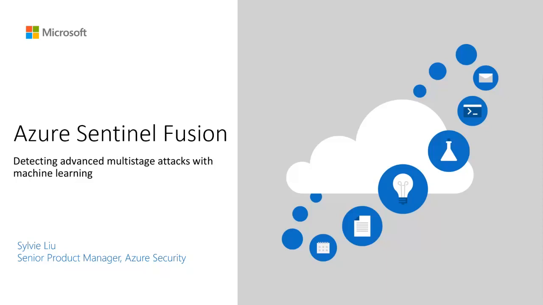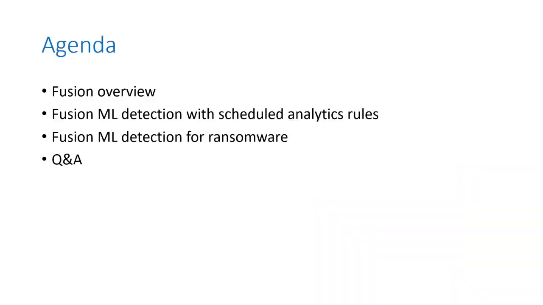So today's topic will focus on Fusion. In the webinar description, we talk about the topic being focused on Azure Sentinel Fusion ML detection with scheduled analytics rules. So here's a quick agenda. I will start with a quick overview of Fusion, and then we will go into the main topic, Fusion ML detection with scheduled analytics rules.